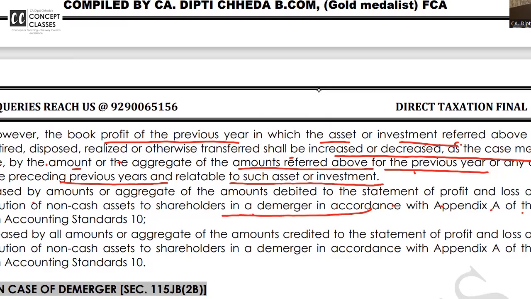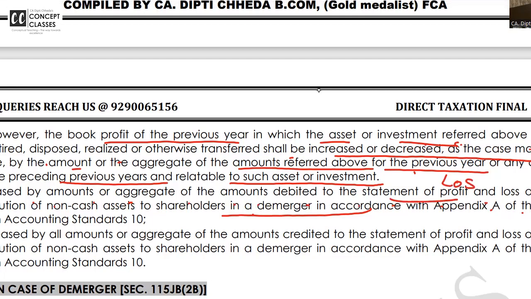In a demerger, assets are transferred to another company. Everyone in the class knows what a demerger is, splitting of a company. So part of the assets are transferred to another company. So increase by the amount or aggregate amount debited in the P&L.